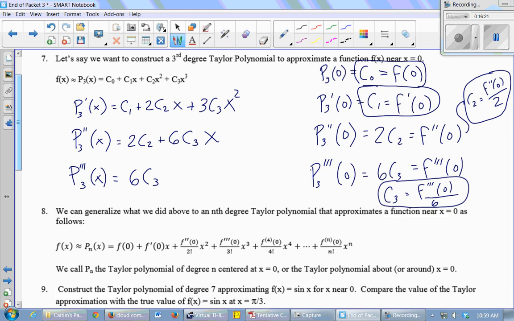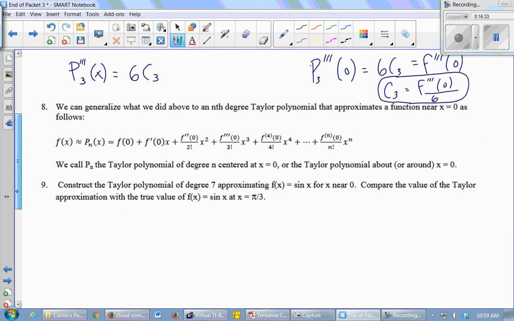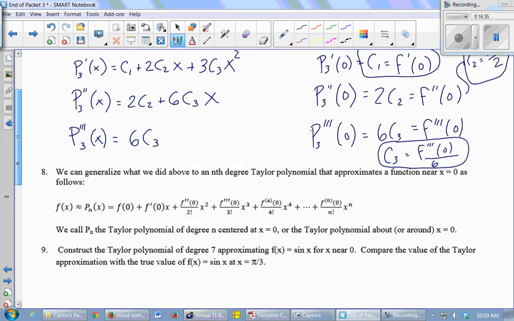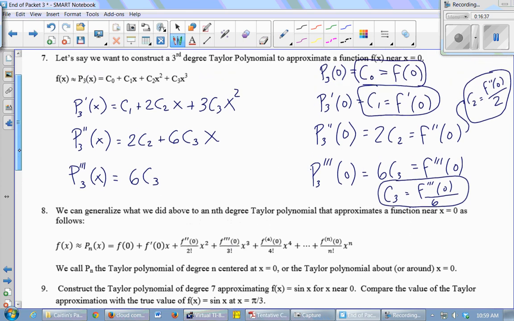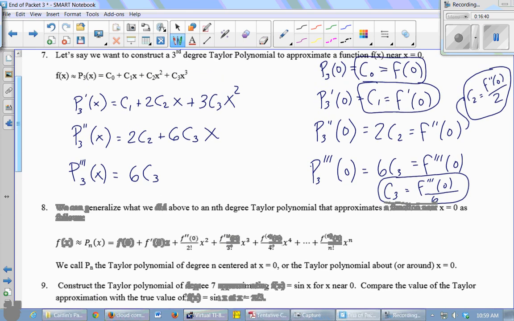So I could do this every time I want to create a polynomial that approximates a function, but you're going to end up doing the same process over and over again. And I can generalize what we just did in number 7 here to this formula. It turns out that your C0, your constant term, always comes out to f of 0.